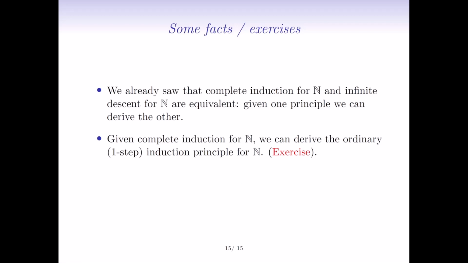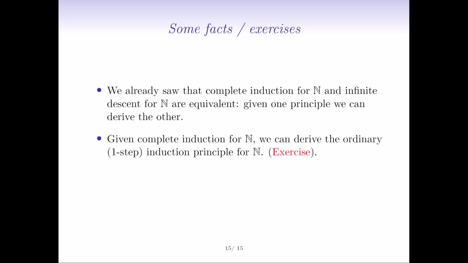And in fact, although complete induction looks far more powerful somehow than one-step induction, they are equivalent as well. So there are two directions to this, and they are done in a fairly similar way to the equivalence of two-step and one-step induction.